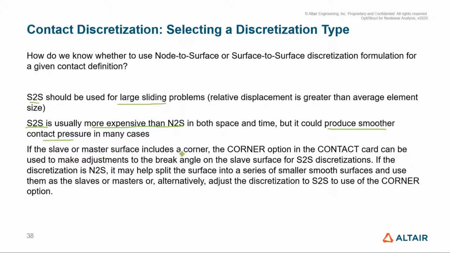If your slave and master surfaces have a corner, let's say my object is a box and I'm going to contact this master surface here.